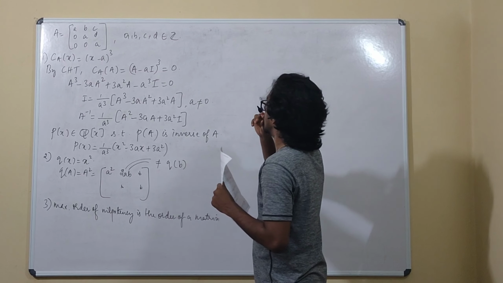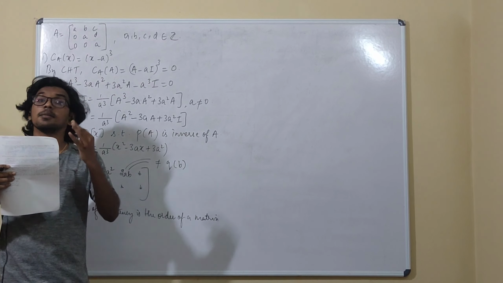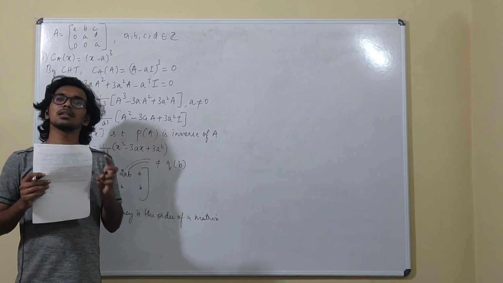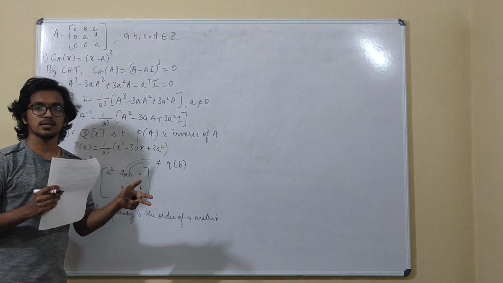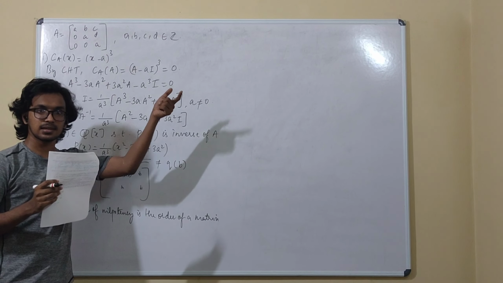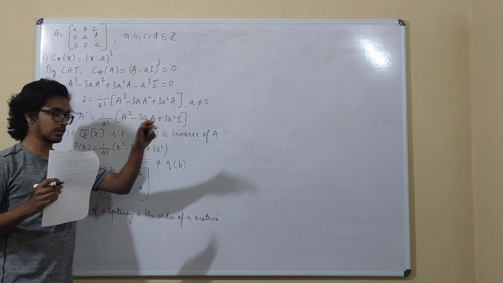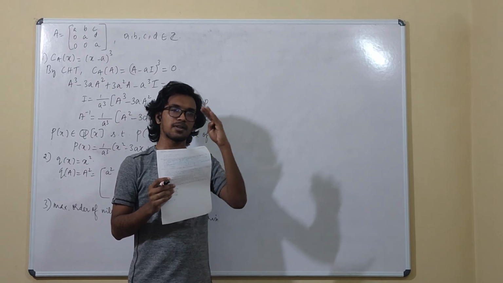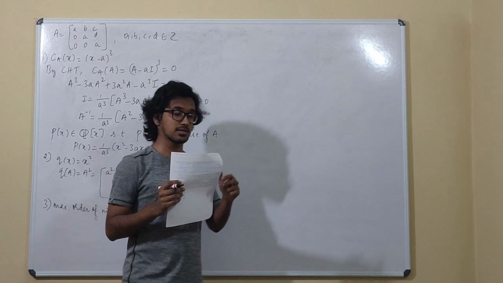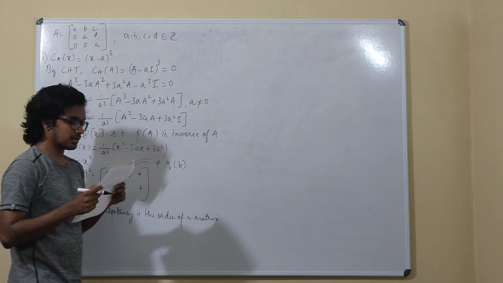Suppose you have a matrix of order n and let it be nilpotent. Nilpotent means there exists some smallest positive integer k such that A to the power k is 0. That k cannot exceed n. The maximum value of k is n. So if for some k less than or equal to n, A to the power k is 0, then of course A to the power n is 0, and that is given in option 3. Therefore option 3 is also a right answer.